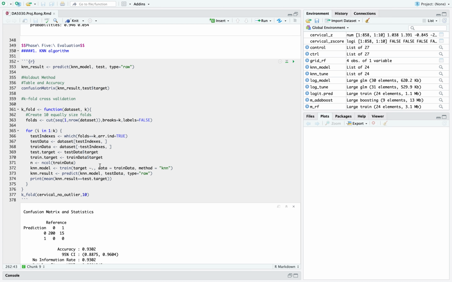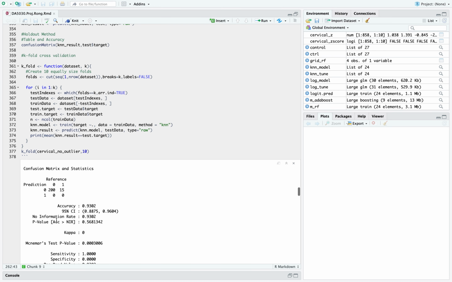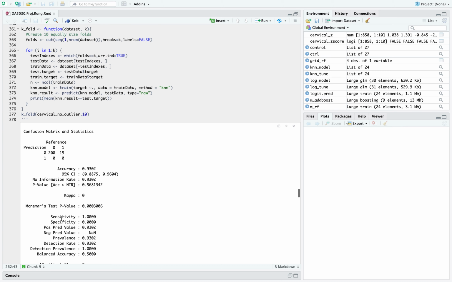In the evaluation part, I created a confusion matrix here. We can check my true positives, true negatives, false positives, and false negatives here, and the accuracy is very high.